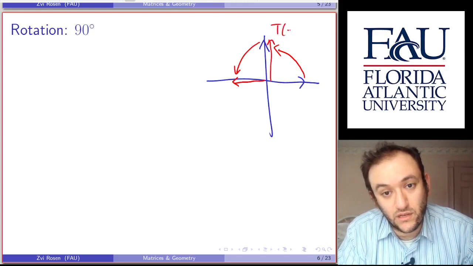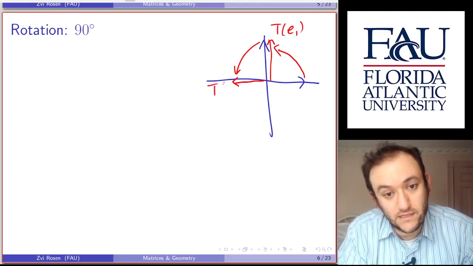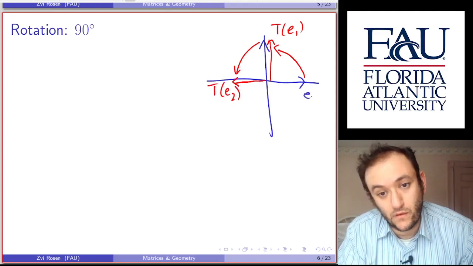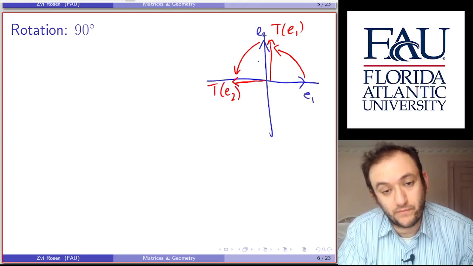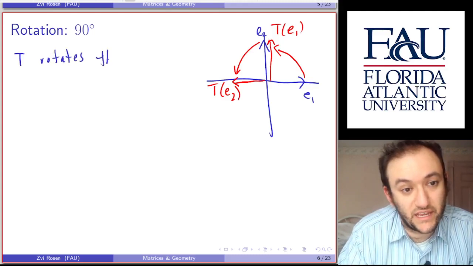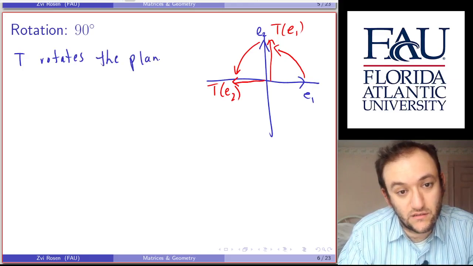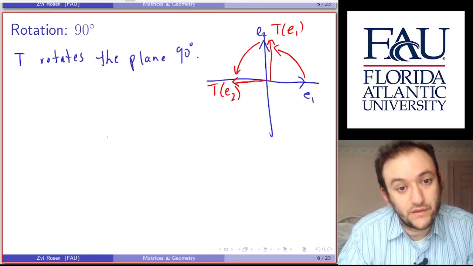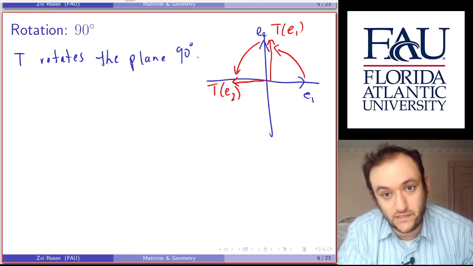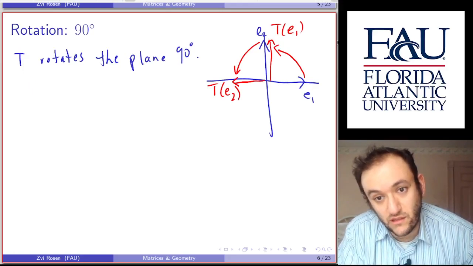So this is T of e1, and this is T of e2. Okay? So T rotates the plane 90 degrees. So its matrix is given by, so let's compute the standard matrix just using the picture we just drew.